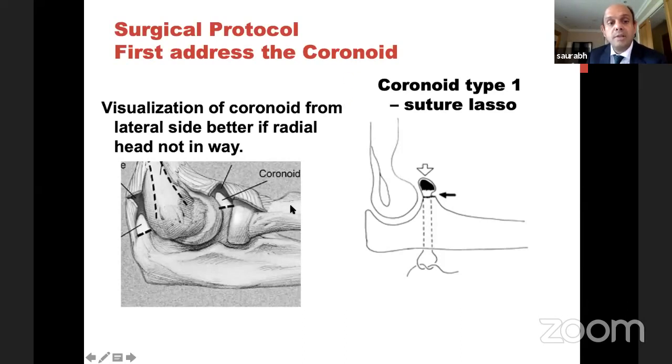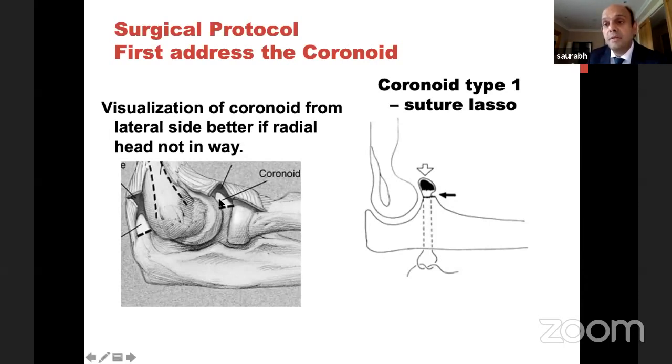So what I do is, now this slide is important. If the radial head is intact, then all I can see is that little tip of the coronoid. I can't see the whole coronoid. So unless the radial head is fractured and I'm taking it out in a kidney dish, assembling it and putting it back to fix it with screws, unless the radial head comes out, I cannot see the whole coronoid.